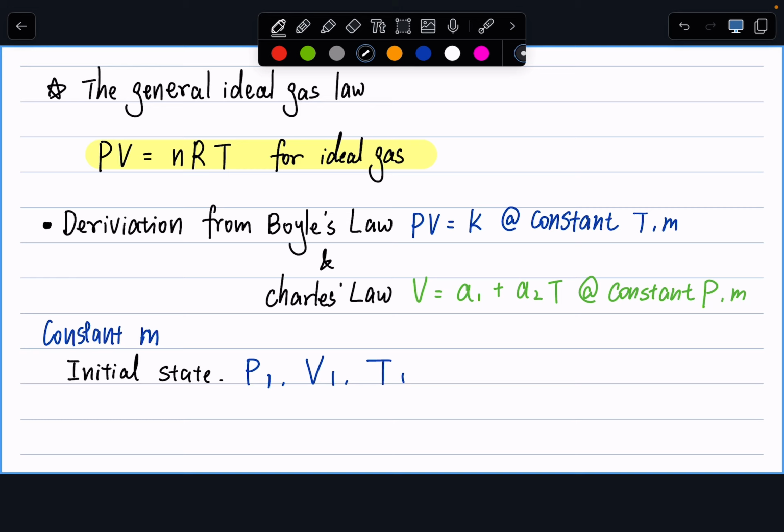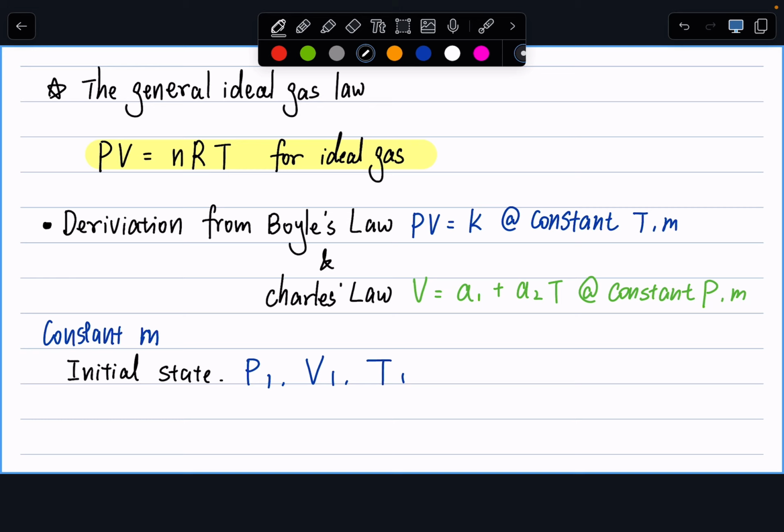And then what do we have? Let's move the terms, so that P2 goes with 2 and 1 goes with 1. What we have is P2 V2 divided by T2 will always equal P1 V1 divided by T1. All right, so going back to our hypothesis, what do we have in this equation? We have constant mass. That's one of our hypotheses we use.